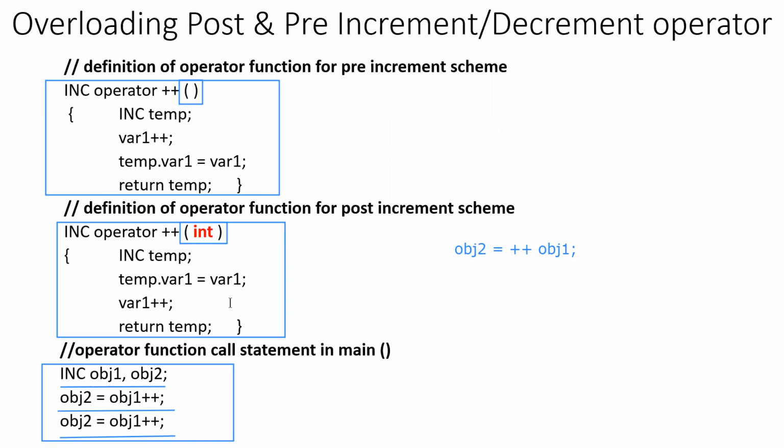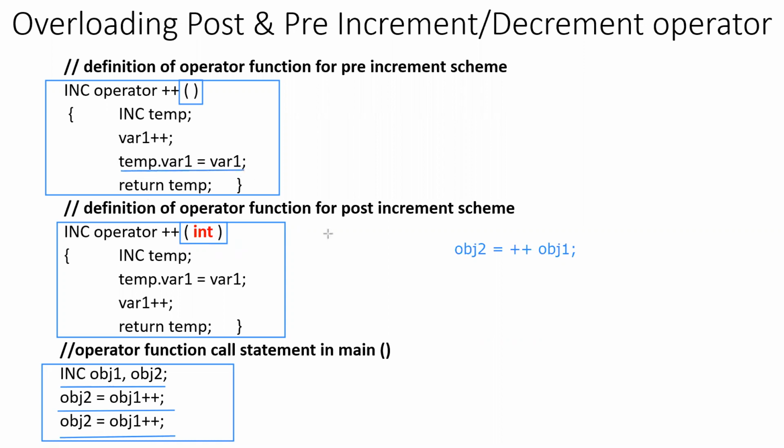Now, what is the difference between the two definitions? The difference between the two definitions is the placement of the return statement. In case of pre-increment, the return statement is written after the assignment statement.